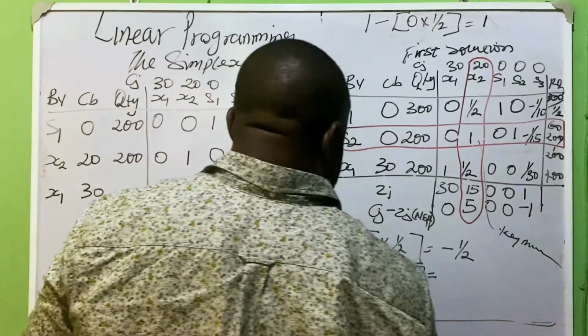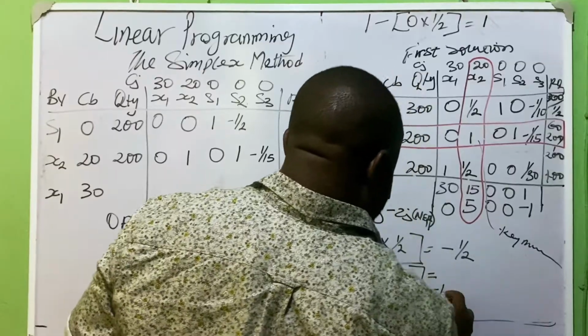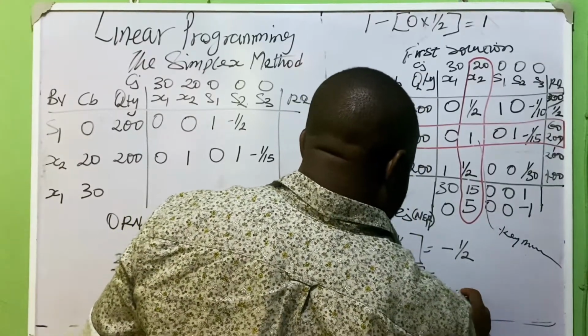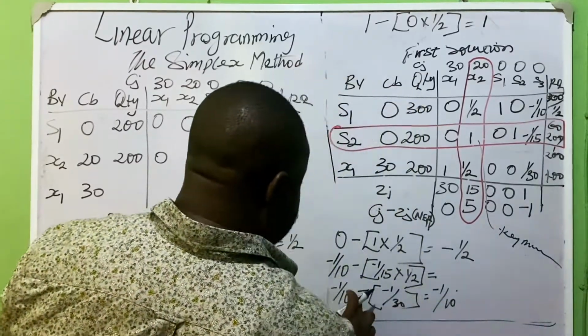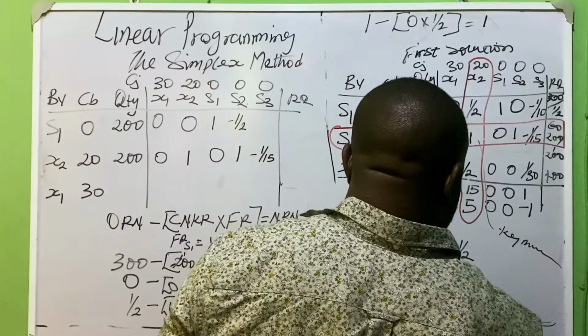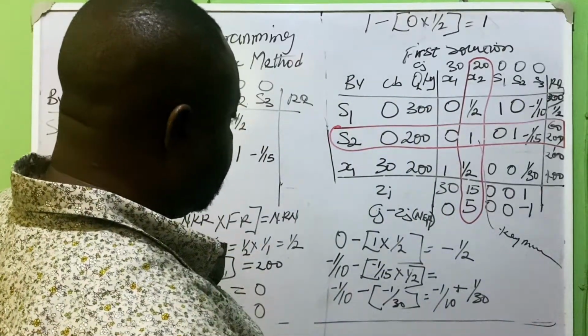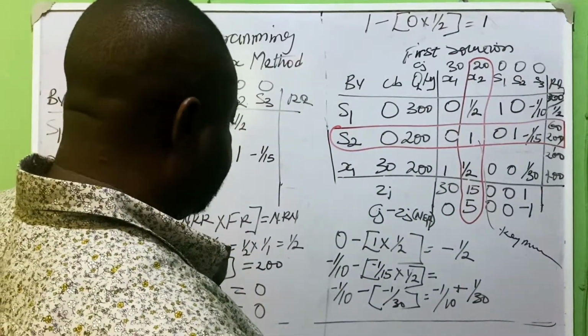So open the bracket. It gives me minus 1 over 10 minus this by this will give me plus 1 over 30. Plus 1 over 30.